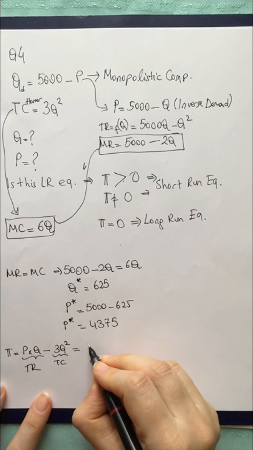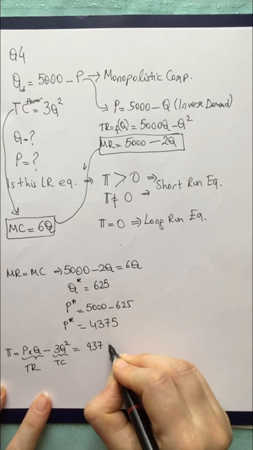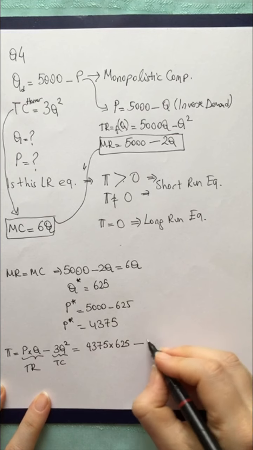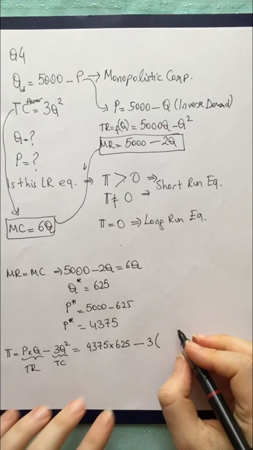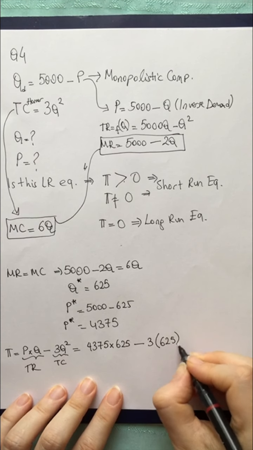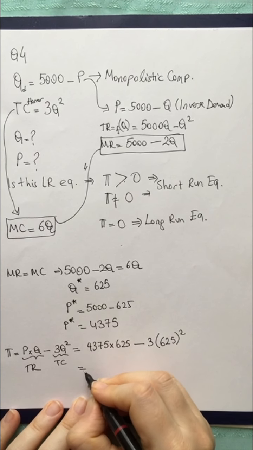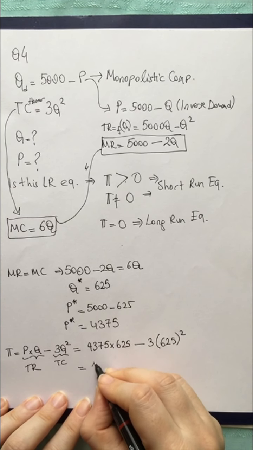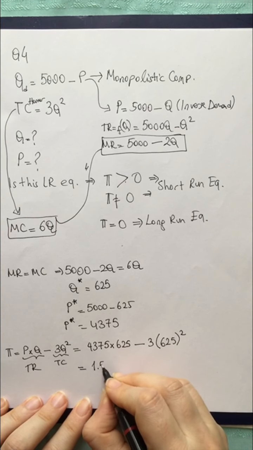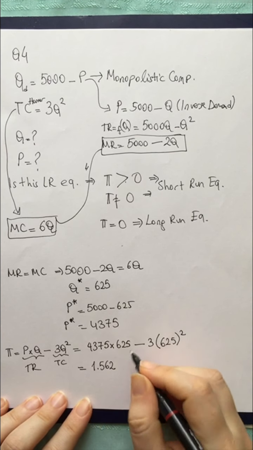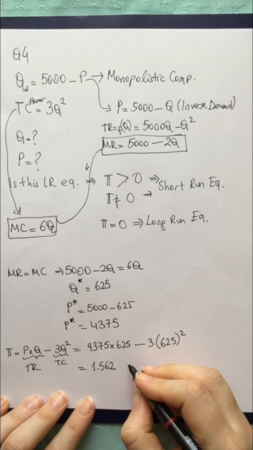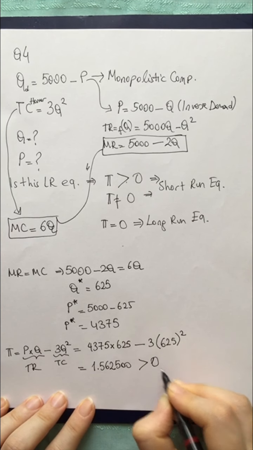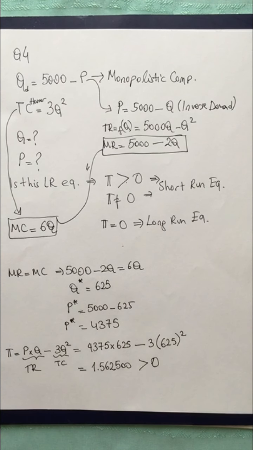Price is 4,375 times quantity 625 minus 3 times Q square. When you calculate it, you will get 1,562,500, which is very different than 0.